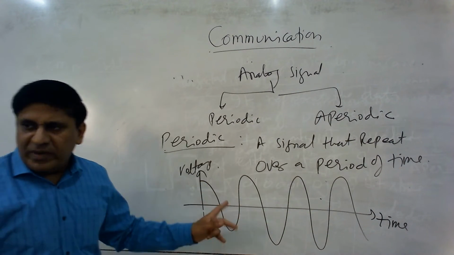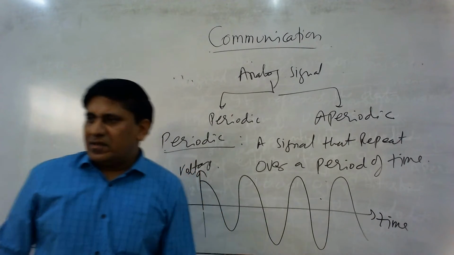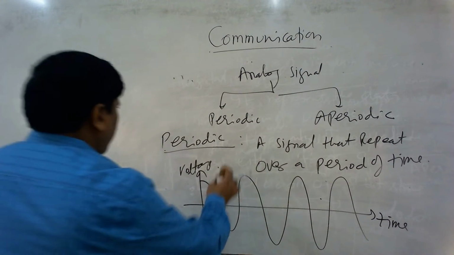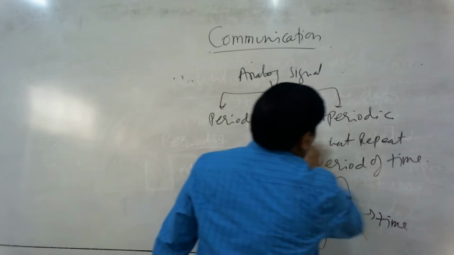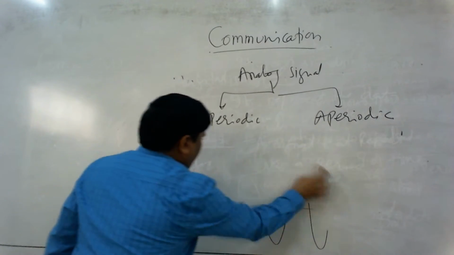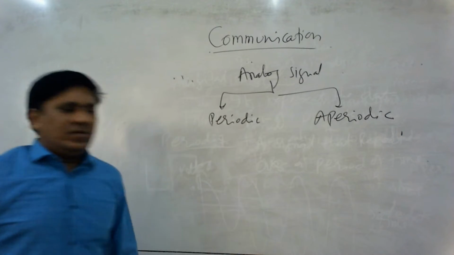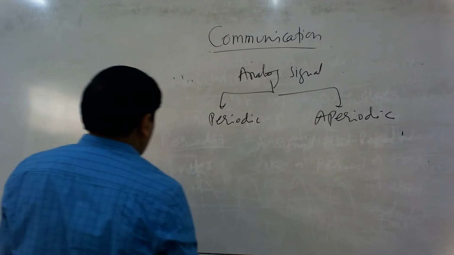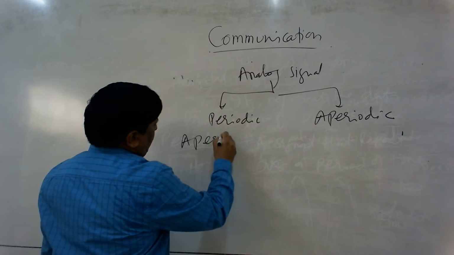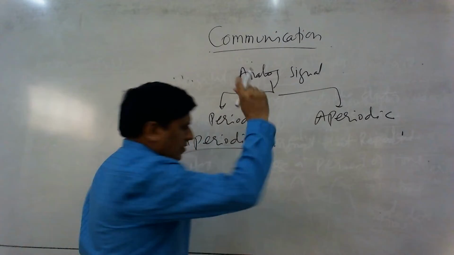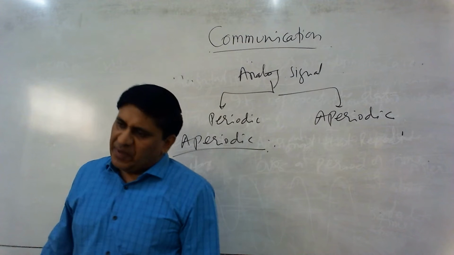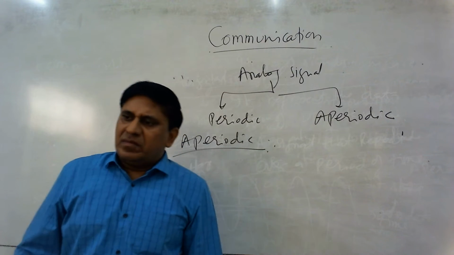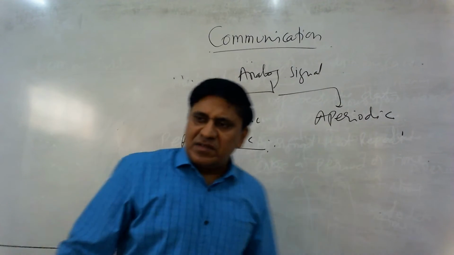Okay. Now we will draw an aperiodic signal in the analog signal. So we will get another signal, aperiodic. A signal which does not repeat every cycle, every minute or second, is known as an aperiodic signal.